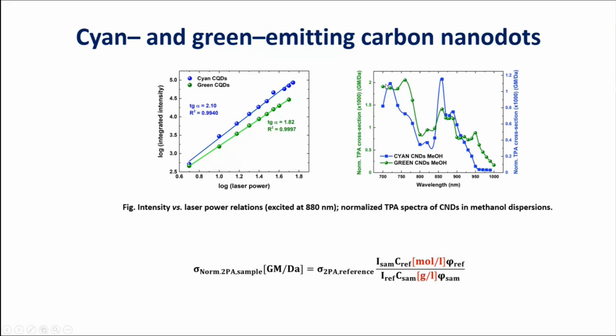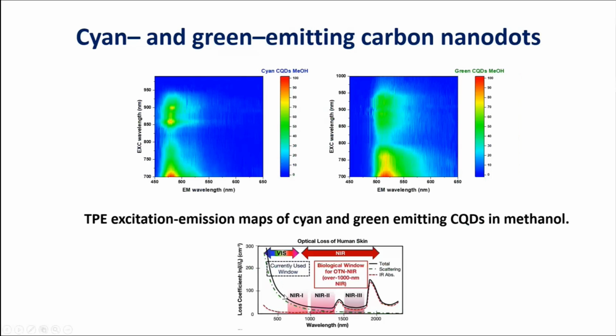And although it doesn't show much of the Göppert-Mayer divided by the daltons, so the size of the nanoparticles, still it actually exceeded the typical fluorescent dyes used for staining of the biological structures, and with the excitation wavelength ranging from 700 to 900 nanometers, we actually match well the first biological window.